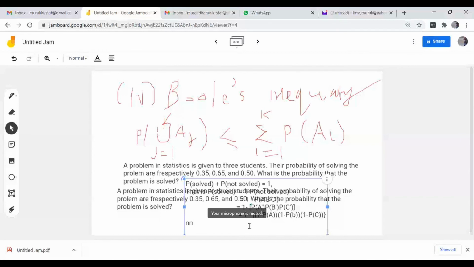Equal to 1 minus of 0.65 multiplied by 0.35 multiplied by 0.5. So what is the answer? Please let me repeat again: 0.1135. Please compare that answer with all of you.